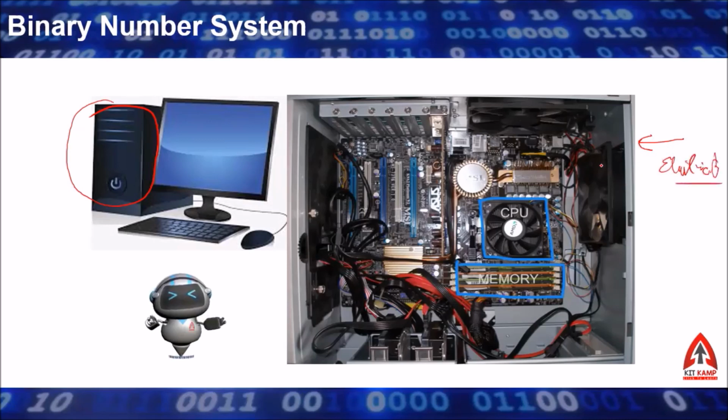So the electric source is sent to this CPU, and the CPU is turned on, executes and processes the information, and all this information is in 0101 instructions, right? So this is your binary number.